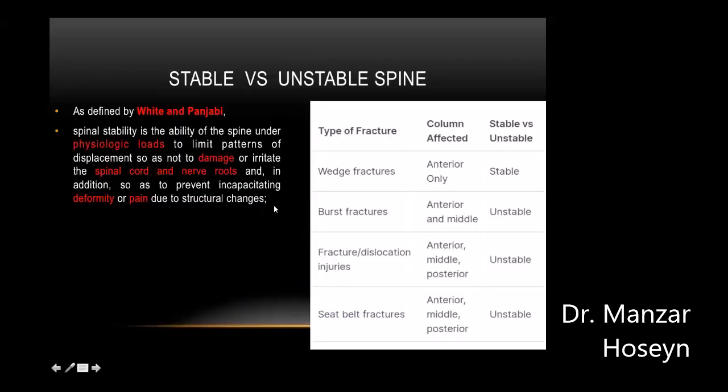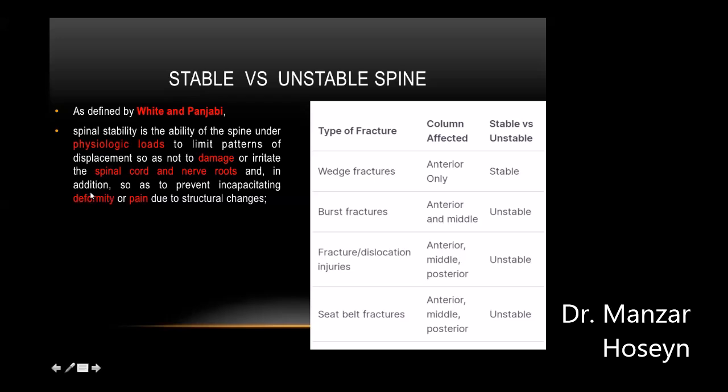For a resident, when you see a patient who has a spine fracture, the first thing you need to communicate to your senior or consultant is whether the spine is stable or unstable. A stable spine is a spine that, under physiological loads, the routine activities of any person, is able to resist deformity, which is a change in shape.